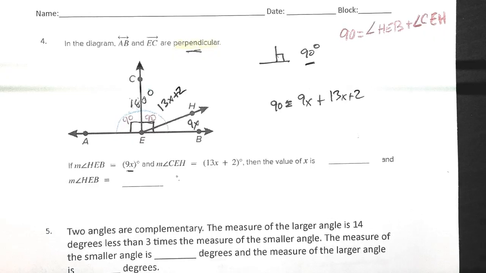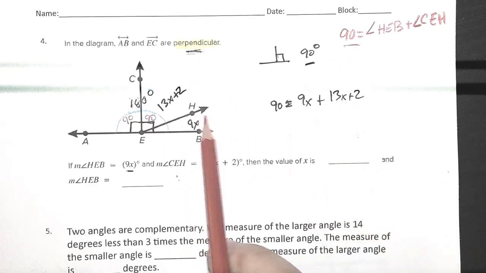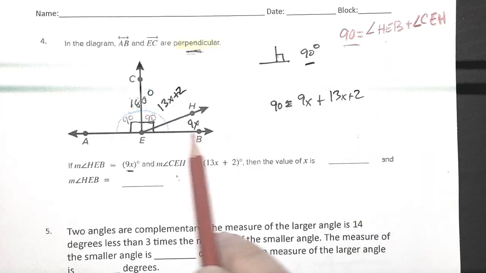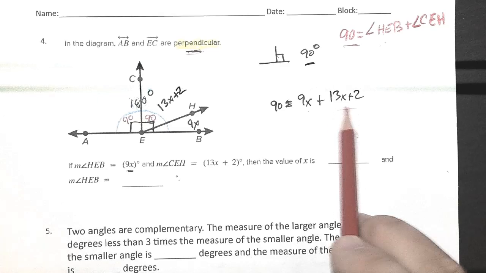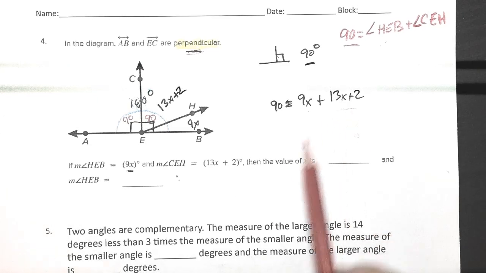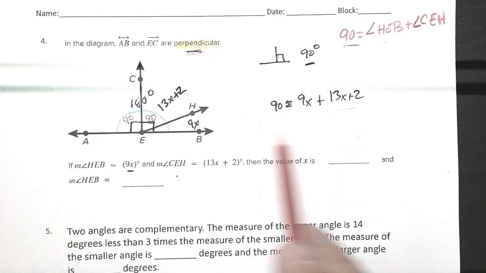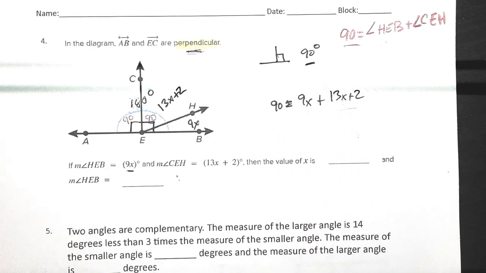Okay, so these equal 90 because they're perpendicular, this angle and this angle. So we plug those in. HEB is 9x. CEH is 13x minus 2, plus 2. So we put all this equal to 90 because this angle plus this angle equals 90.